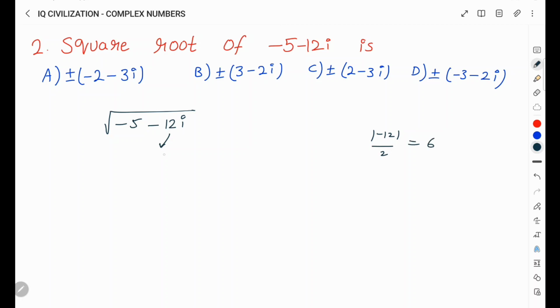Now I have to write factors of 6 in such a way that the difference of the squares of those numbers equals this value x. So I will take 2 and 3. 2 threes are 6. 2 square is 4, 3 square is 9, and 4 minus 9 is minus 5, the same number here. So my answer here is plus or minus 2 minus 3i. Next.